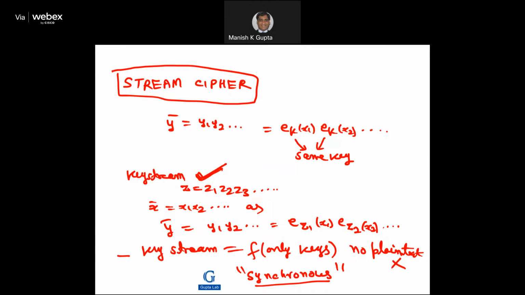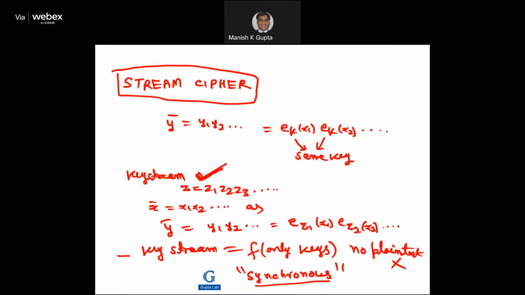The question is how do we generate the key stream, right? So the first key difference between block and stream cipher is that the key is different in each block: Z1, Z2, Z3, and there is some mechanism to generate this key stream. Now, if the key stream is only a function of keys, so you can generate the key stream using some starting key, that is a synchronous cipher, right?